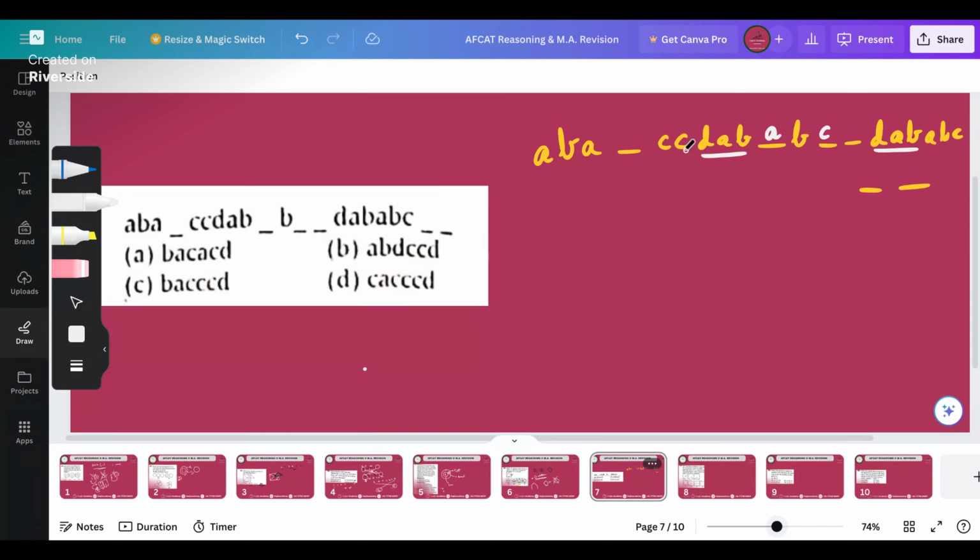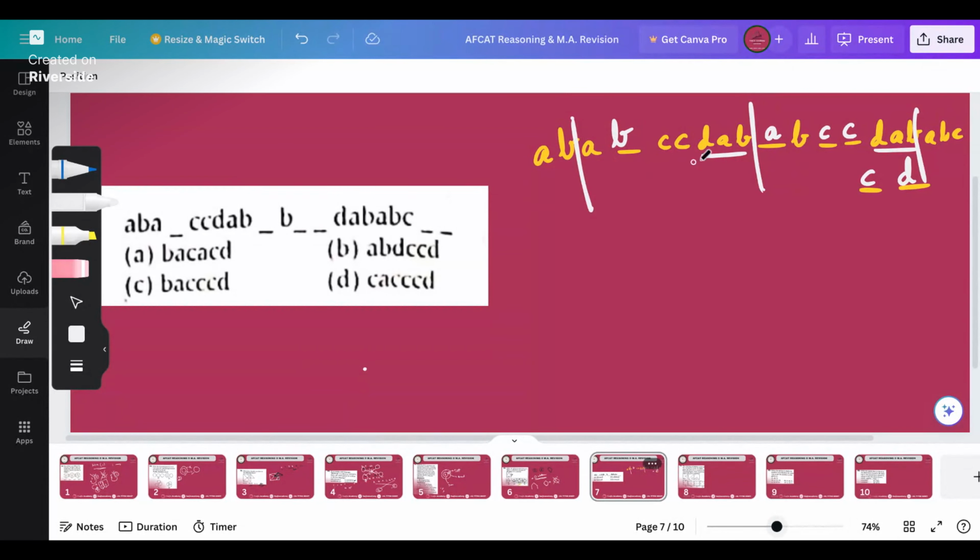And what is before that? CC. So let's just write down CC. It's done. So let's just block it over here. A, B, C, C, D, A, B. A, B, C. Again C, D. Then B, A, D, C, C. Then over here you will write AB.